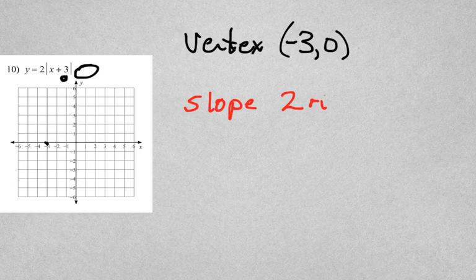So that means I'm going to rise 2, go right 1 each time, and do the same thing going to the left, mirroring the image. Draw in your lines. Make sure you include the arrows at the end.